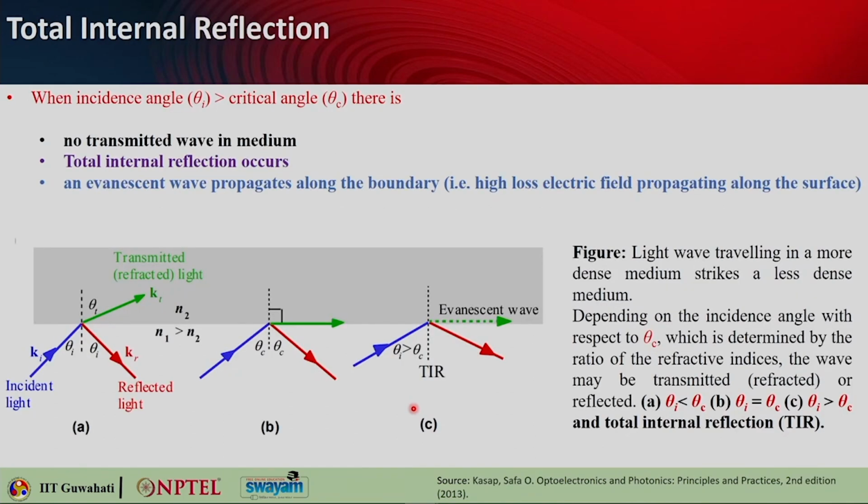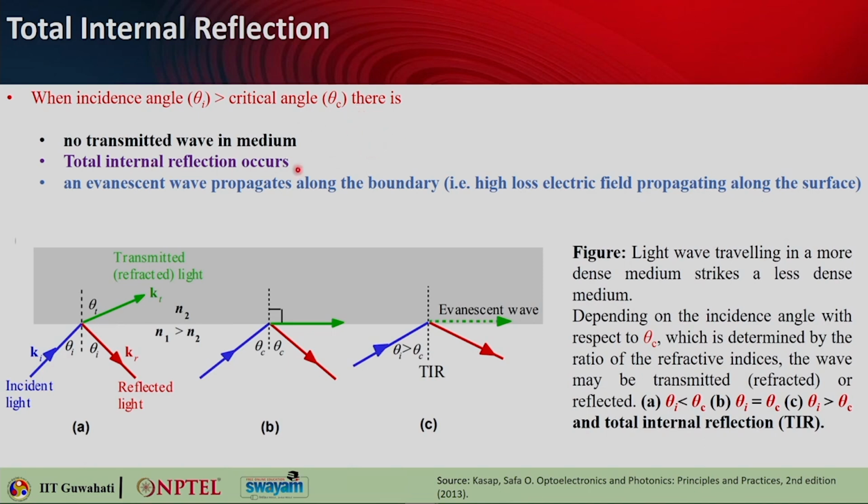So this is the concept which also brings in what happens when light is incident at an angle larger than critical angle. That will bring you total internal reflection. Now when the incident angle theta I is greater than the critical angle theta c, you will get no transmission in the second medium.